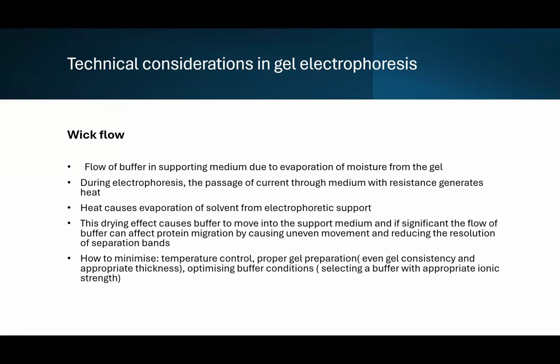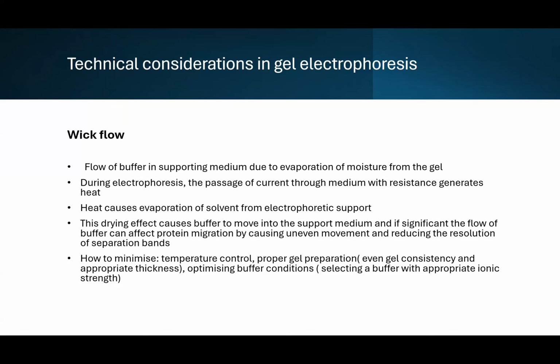The other issue with gel electrophoresis is weak flow. And what is weak flow? It's basically during electrophoresis, the passage of current through medium with resistance generates heat. And this heat causes evaporation from the gel. And this drying effect causes buffer to move into the support medium.